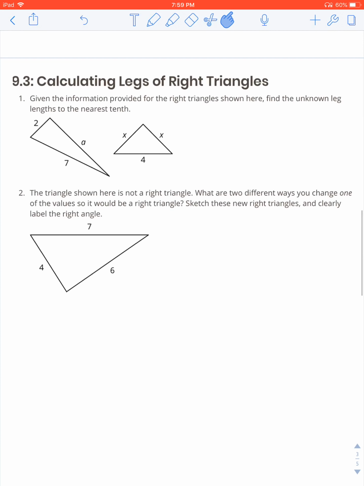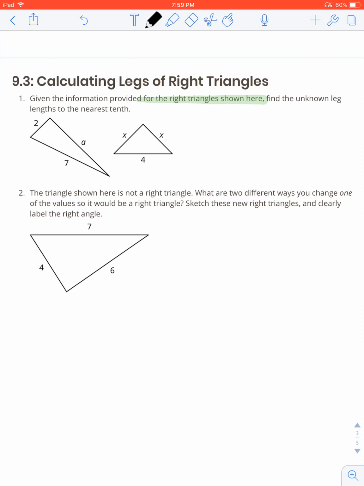Even though we don't see the little box, the directions say specifically that these are right triangles. So we are going to solve a squared plus b squared equals c squared, and determine what the missing number is.